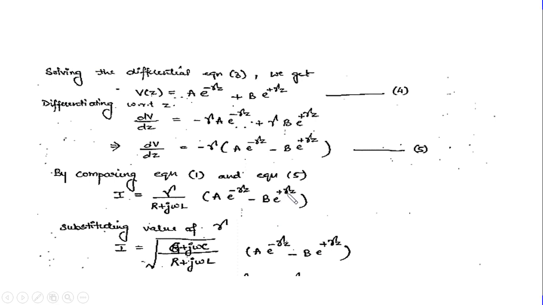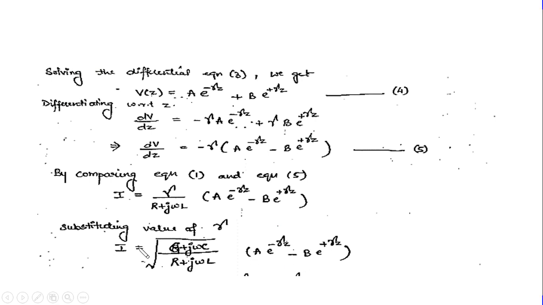Here, putting the value of gamma, the gamma value was under root of G plus j omega C into R plus j omega L. We get another equation, that is I equals under root of G plus j omega C upon R plus j omega L, into what is nothing but your V of z.